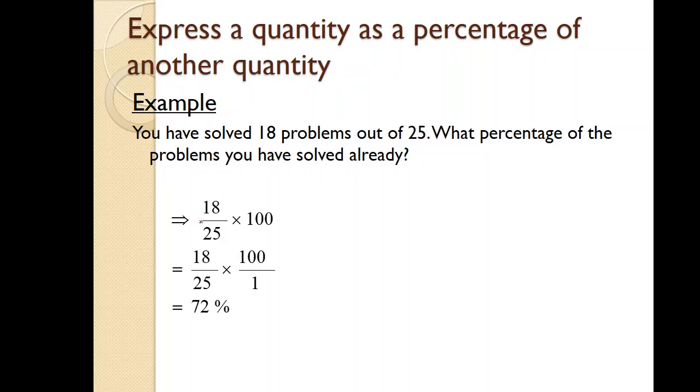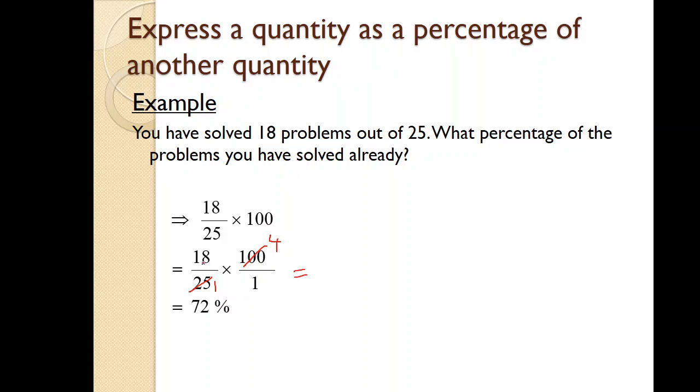To find the percentage, remember you have to multiply by 100. So that's why you have 18 over 25 multiplied by 100, and you can write this 100 as a fraction over 1. Again, you can simplify this. You know that 25 can go in itself one time, and it can go in 100 four times.